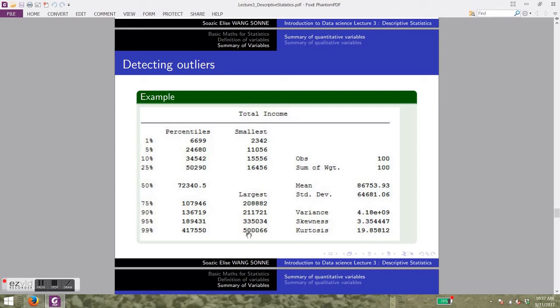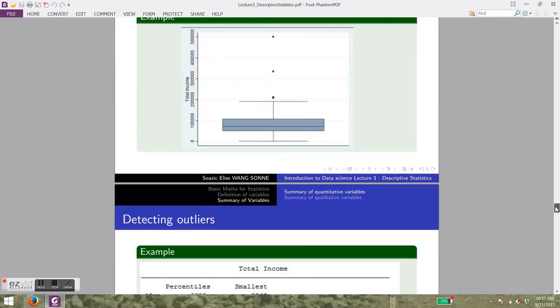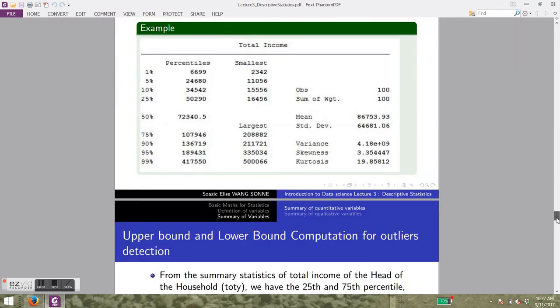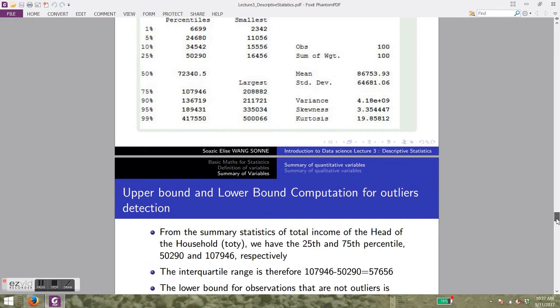So here, let's try to compute and identify the lower whisker, the upper whisker, and the outliers. First of all, from the summary statistics, we have the first quartile or the 25th percentile and the third quartile or the 75th percentile. I gave the values already.